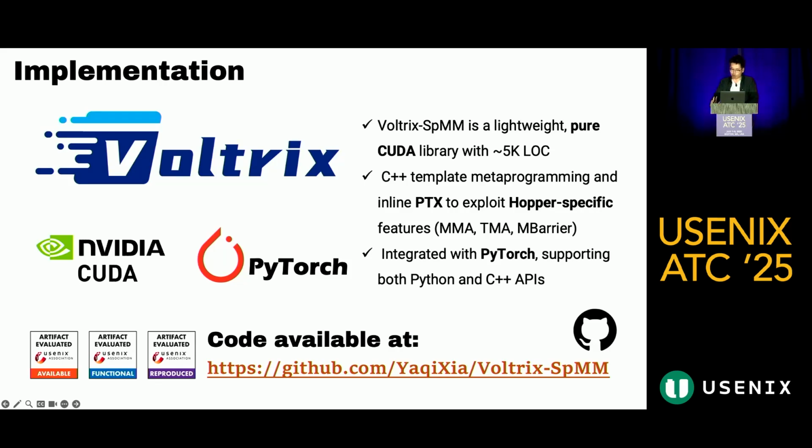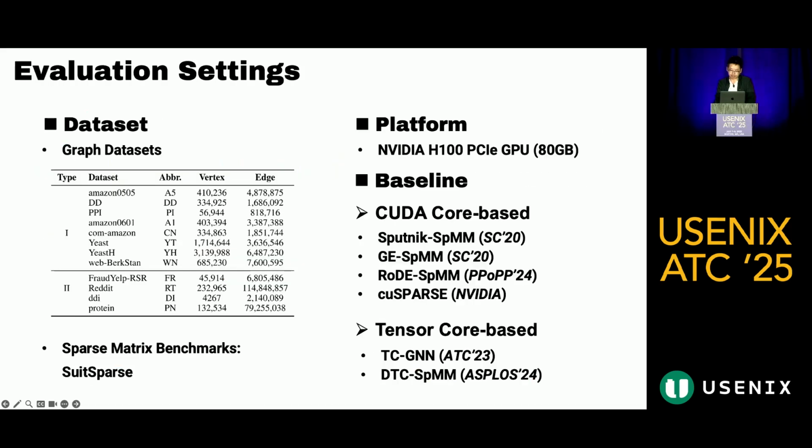And Voltrix SpMM is integrated with PyTorch 2.5 and can be used from both Python and C++ using standard data formats, for example, CSR. And our work went through the artifact evaluation, and we open source the code on GitHub to encourage community use and collaboration.